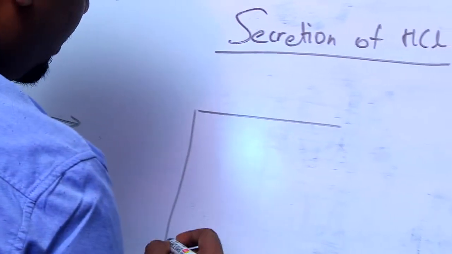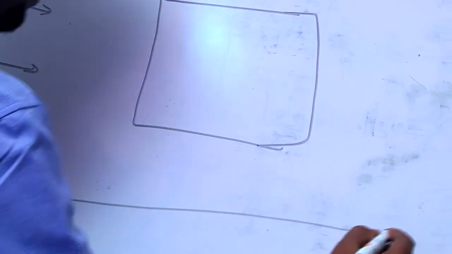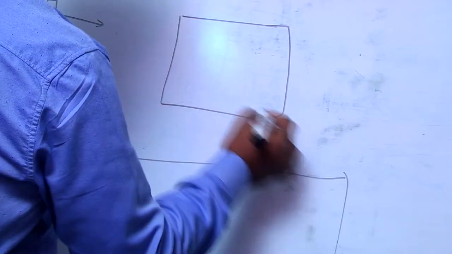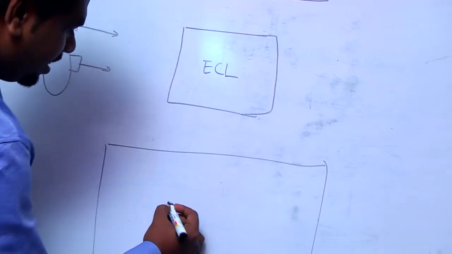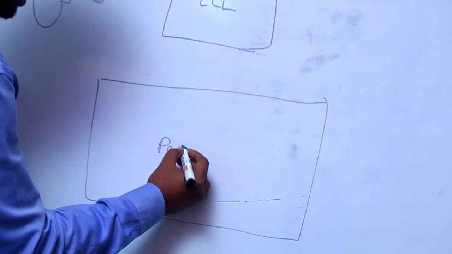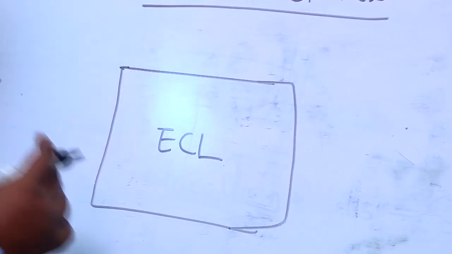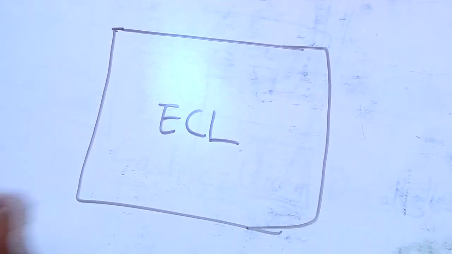One is the smaller cell and one is the bigger cell. The smaller cell is the ECL cell and the bigger cell is the parietal cell, right? The ECL cell consists of certain receptors and the parietal cell consists of certain receptors.